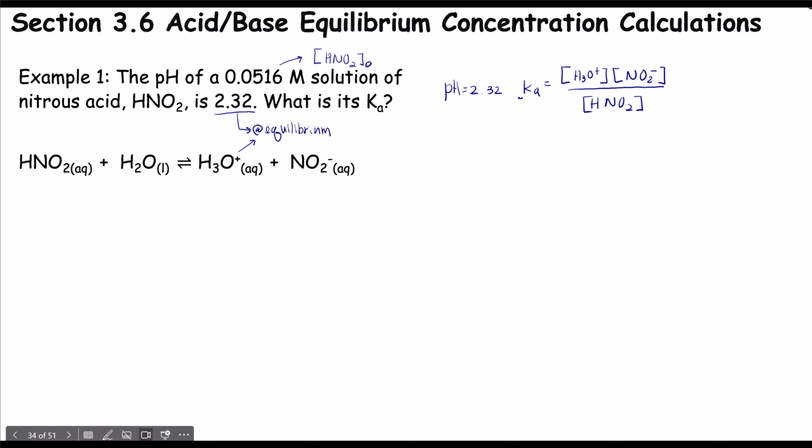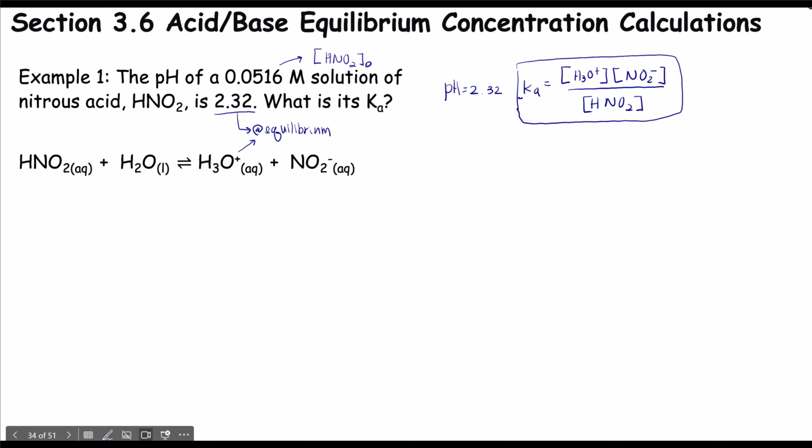So all the stuff that you see on the Ka value right here, that's at equilibrium, not initially. So we're going to have to be utilizing ICE tables, solving for the hydronium ion and so on and so forth.